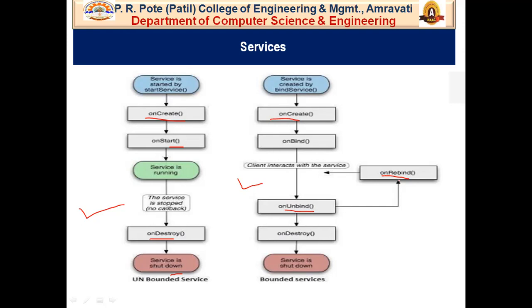So we have seen that there are two services. They neither depend on a process nor depend on a thread. They are simply different components working together. Unbound and bound services are called bound because they need a communication medium to communicate.